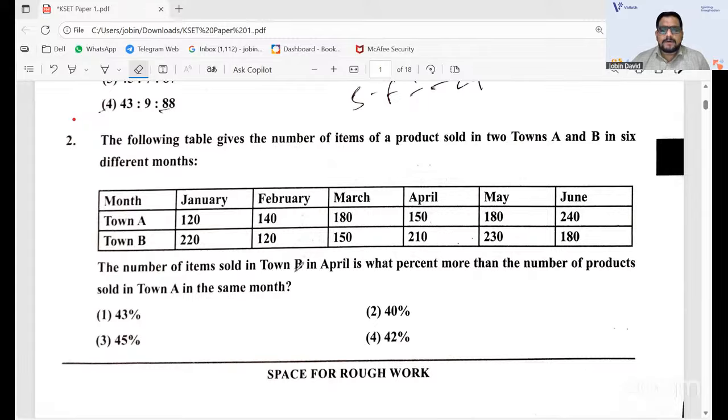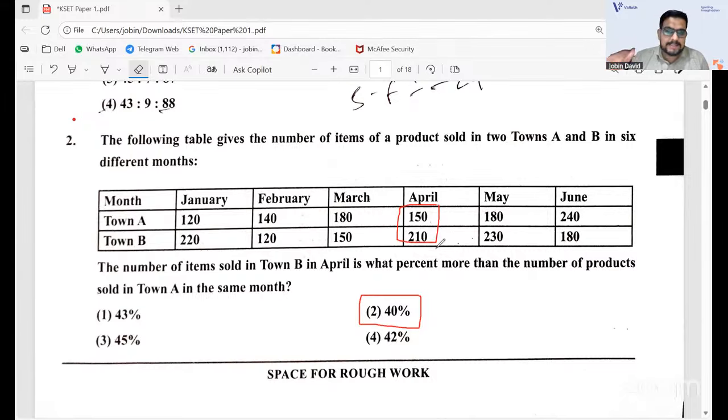The number of items sold in town B in April is what percent more than town A. So you need an increase percentage. The formula is amount of change by base amount into 100. We have the two quantities, 150 and 210, that you need for this question.